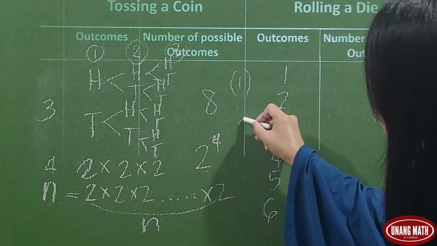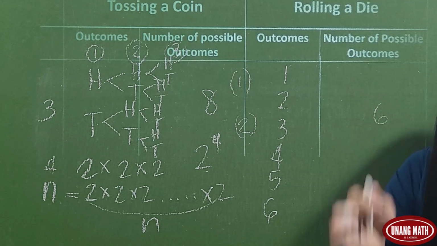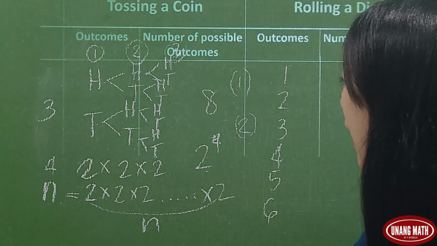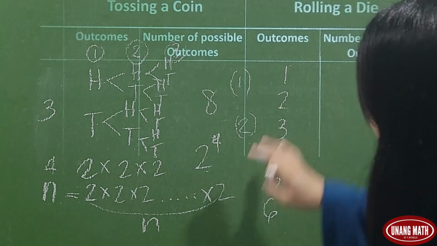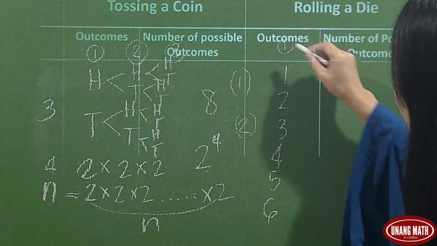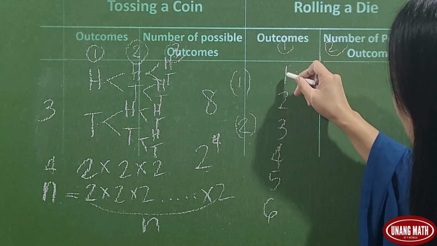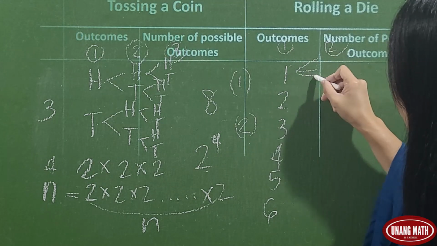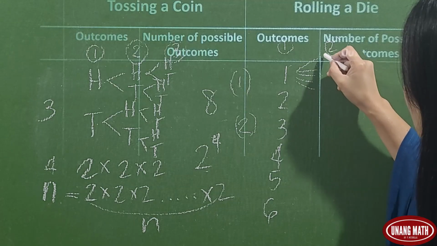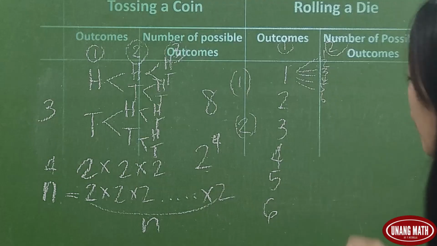Okay, now, how about if we are going to roll 2 dice at the same time? This is our first die. For the second die, if this face is 1 and we roll this one, outcomes can be 1, 2, 3, 4, 5, or 6.